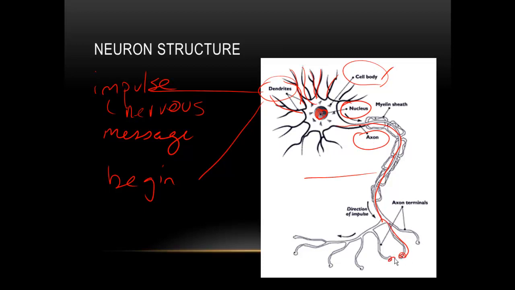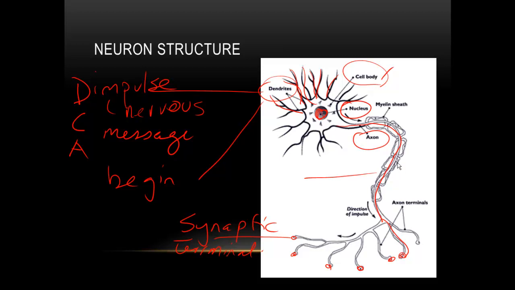And I really want you to notice these little swellings at the end. These are going to be the synaptic terminals or axon terminals, but we're going to use the word synapse, so we want to get used to hearing it. The synaptic terminals. This is where the message, the nervous message, is going to end. So as I said at the start, DCA, through the dendrite, through the cell body, and out through the axon.